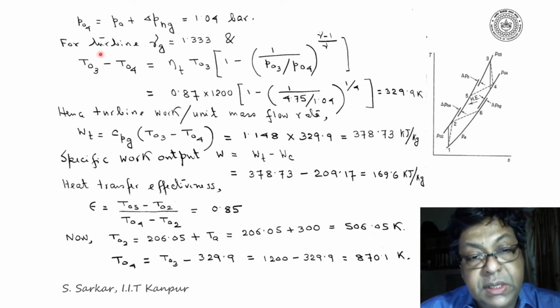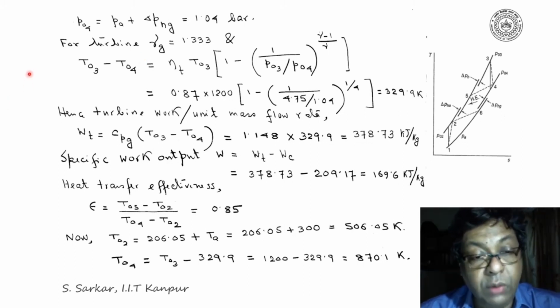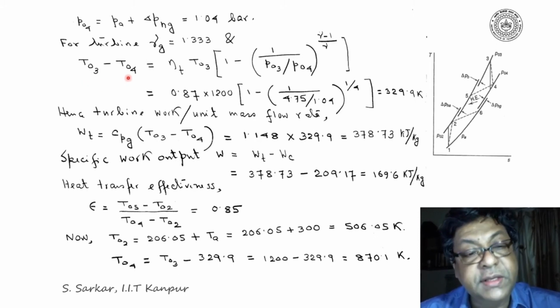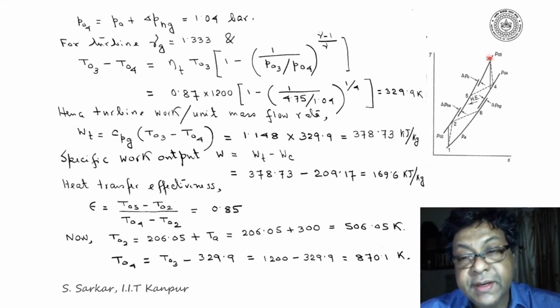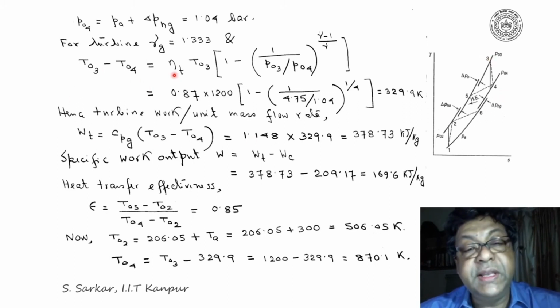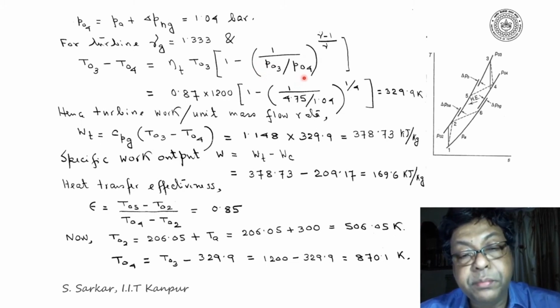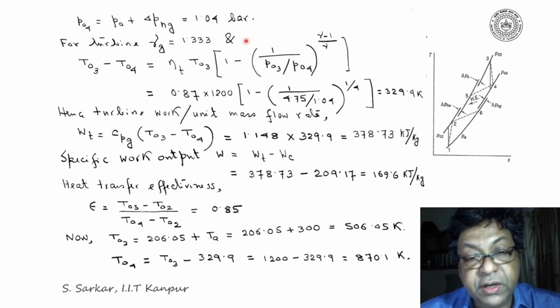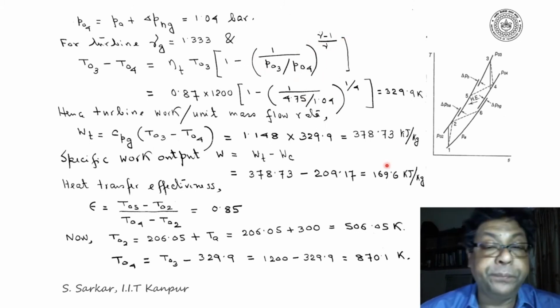Now, for the turbine, I should use gamma G as 1.333. Now, T03 minus T04, that is, temperature drop in the turbine, can be evaluated as eta T into T03 within bracket 1 minus within bracket 1 divided by P03 by P04, that is pressure ratio in the turbine, to the power gamma minus 1 by gamma.